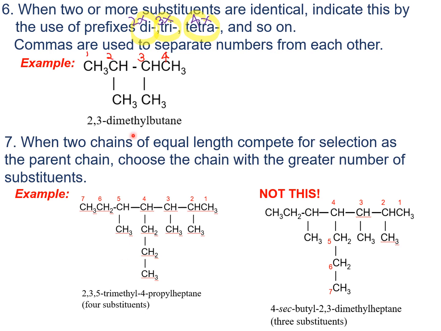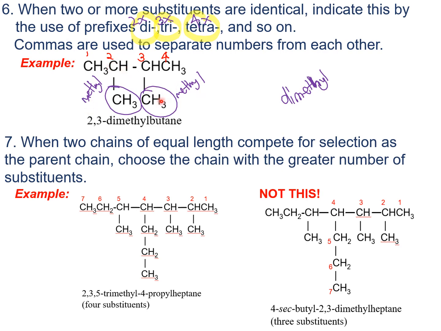Okay, cumanya kat sini kita nampak dekat carbon number 2 dengan 3 ada substituents yang sama. Which substituents adalah methyl. Okay, same goes to this one, methyl. So, kalau let's say you ada 2 substituents yang sama, you kena guna prefix di. Okay, so it's going to be dimethyl. Lepas tu, and then next you tengoklah, okay, methyl yang pertama berada pada kedudukan carbon yang kedua.